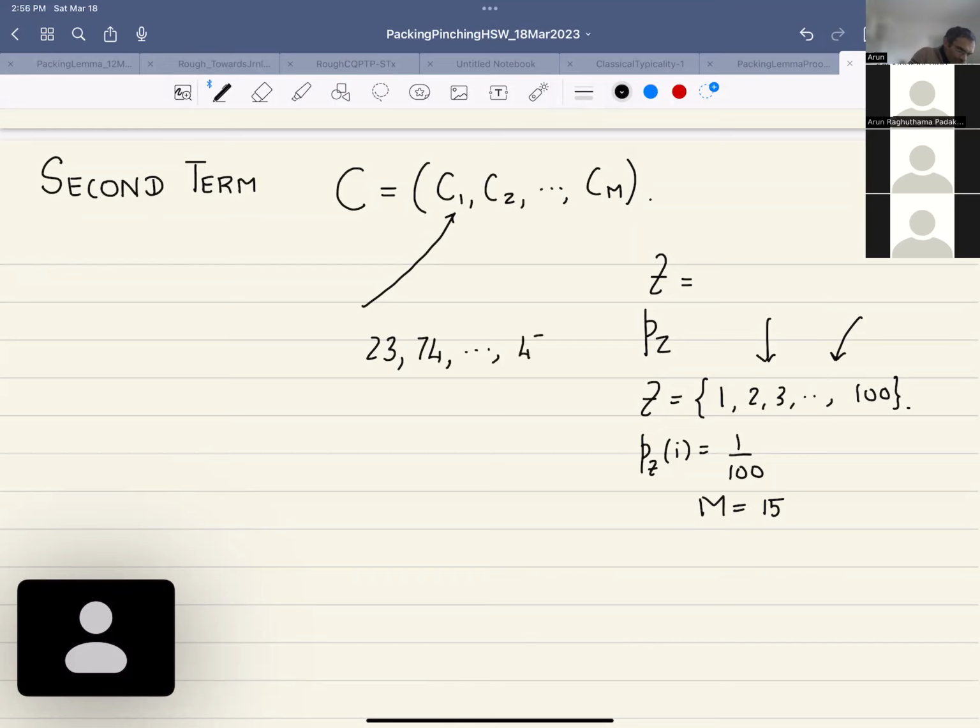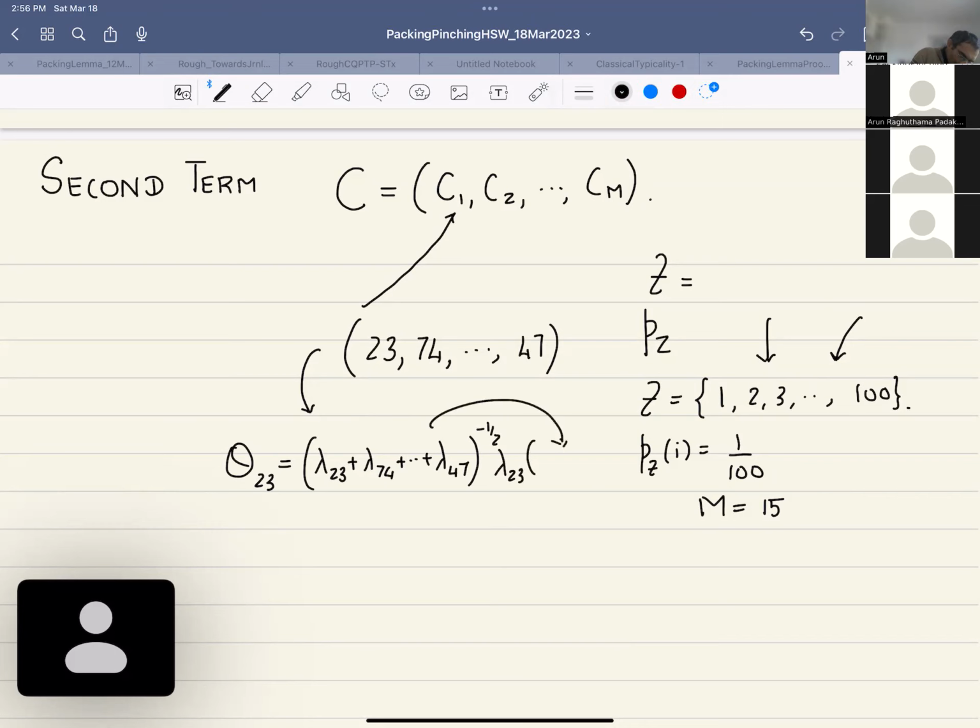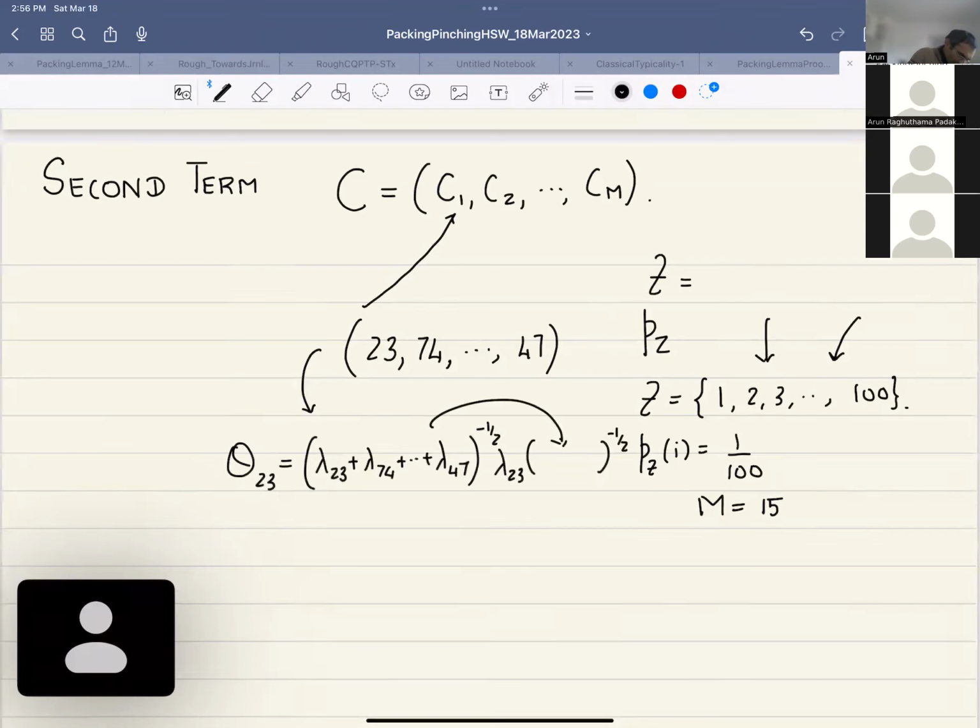15 indices. Now, when I populate these 15 indices, I can associate with that theta 23. What is theta 23? Theta 23 is lambda 23 plus lambda 74 all the way until lambda 47, whole to the power minus half, times lambda 23, and then this again comes here with minus half.